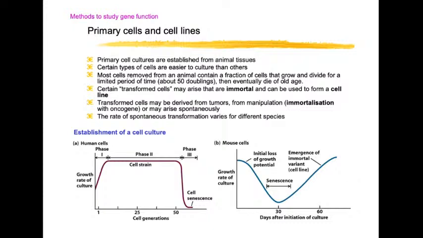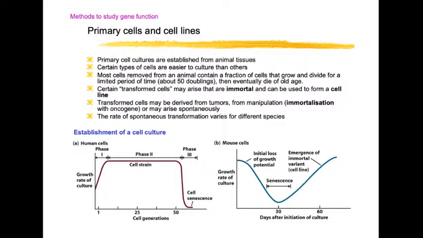Now, primary cells and cell lines. At the bottom you can see there are two types of cell lines, human cell line and mouse cell line, and their growth rate of culture is on the left side, with cell generations on the y-axis. Growth of the culture is shown in phase 1, phase 2, and phase 3.